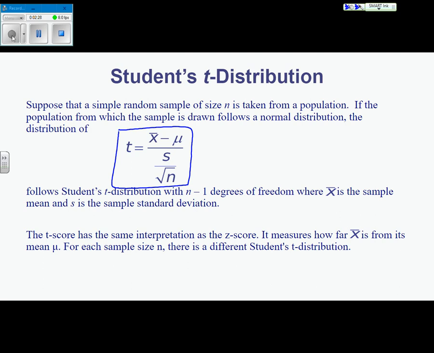What I want you to see on this is that this isn't just real far off from what we had with our z-score. Remember, whenever we did the z-score, we took how tall Maria Sharapova was, x, subtracted off the mu, how tall the average height of a woman was, and divided it by the standard deviation. This time, I'm just putting in my mean right here, subtracting off what I should get for the mean, my population mean, which will hopefully be very close.